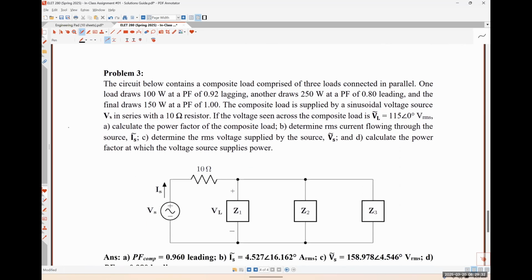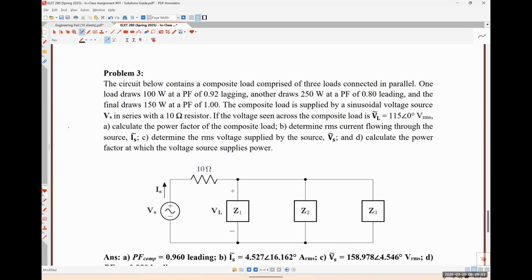So in this circuit, we have a composite load formed of these loads Z1, Z2, and Z3. Now, we aren't told what the impedance of these loads are. Instead, we are told information about the complex power that they are absorbing.